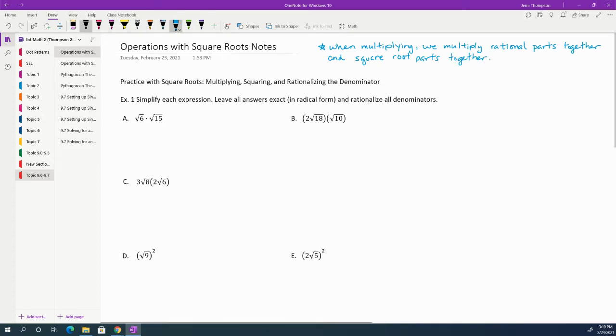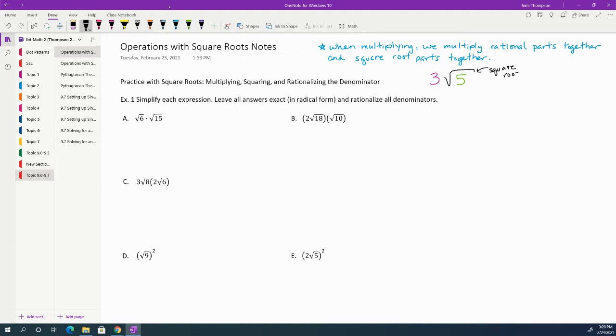Let's break this down a little bit here. Okay, if I've got something like 3 square root 5, the black part here is a square root.